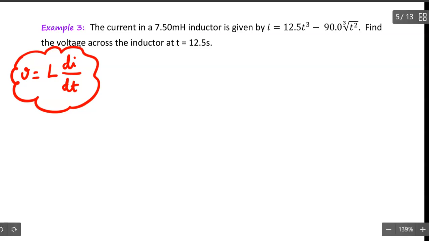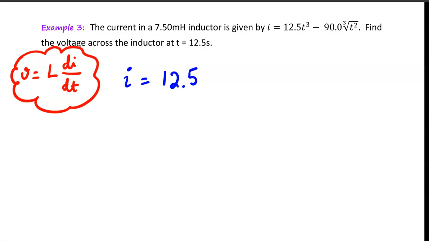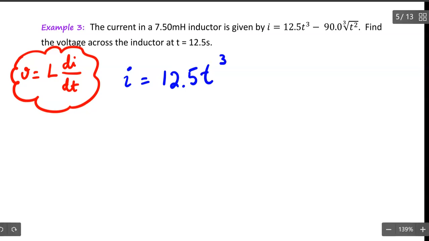Alright, so I am given the equation of I with respect to t. I will rewrite this equation in terms of the exponent so that I can prepare for the next step, where I differentiate this in terms of time. So I have t to the exponent 3, that's already there, minus 90 times t to the exponent 2/3.